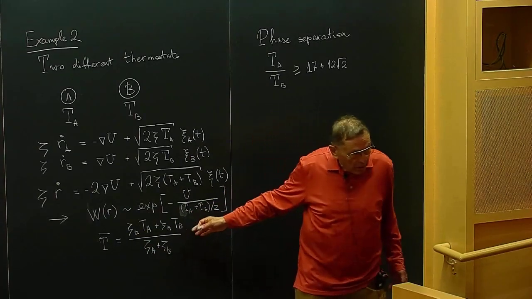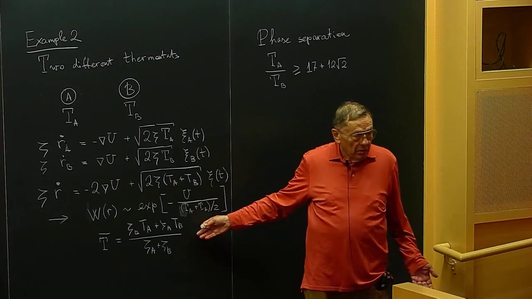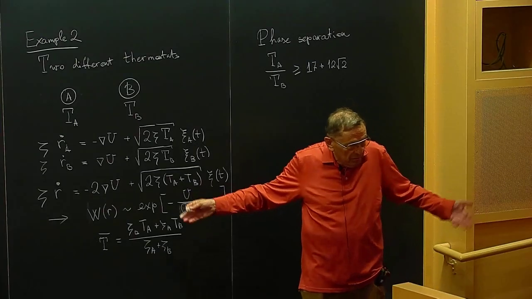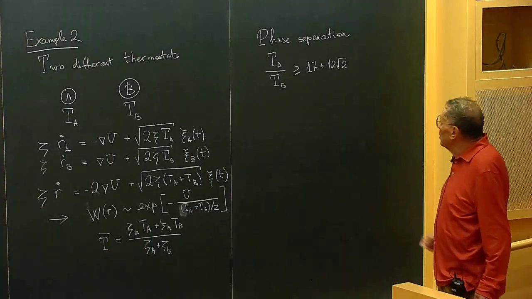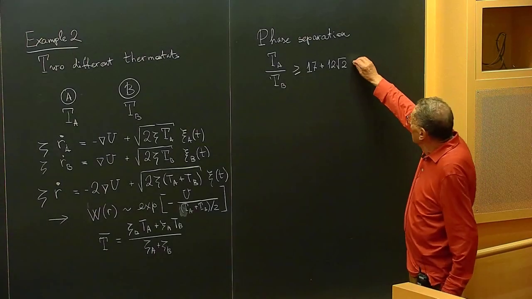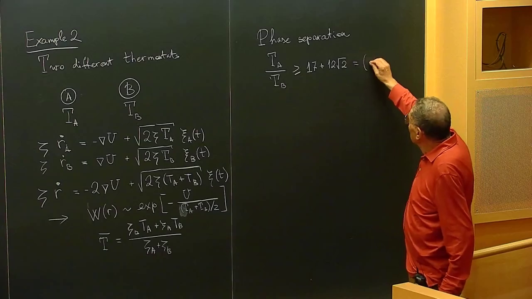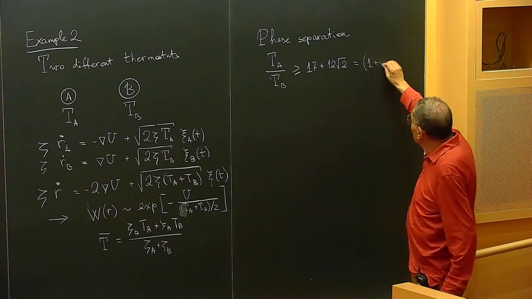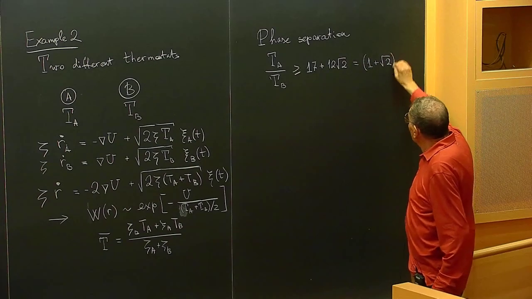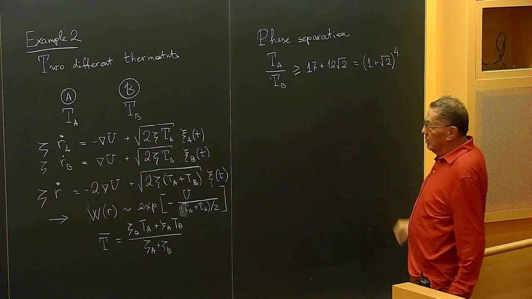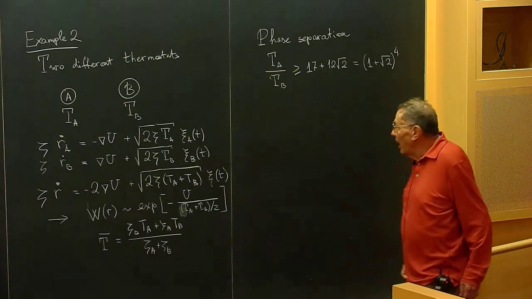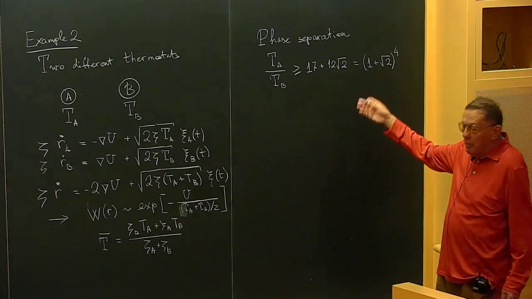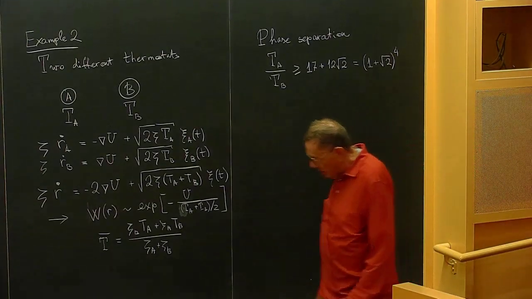It's not temperature, by the way. I spoke once about this, and there was a mathematician in the audience who said, this is like this. Okay? All right, so this is a huge number, so this is unrealistic.